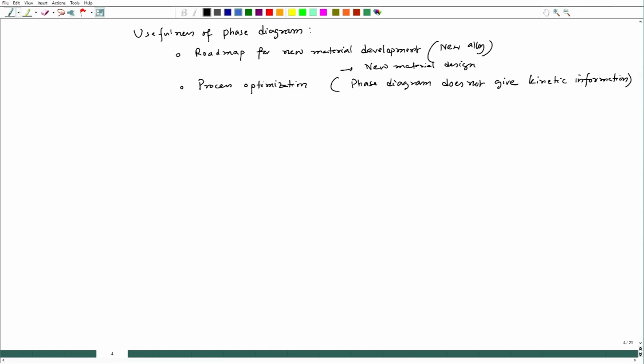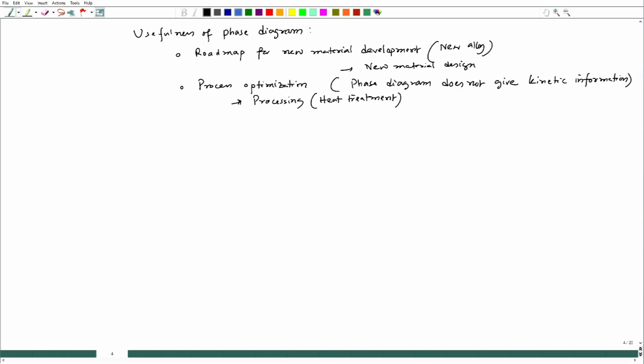When we talk about process optimization, that means I am talking about processing. Whenever we talk about processing, one particular processing that comes to our mind is heat treatment, which is basically a function of temperature, pressure, stress as well as time.